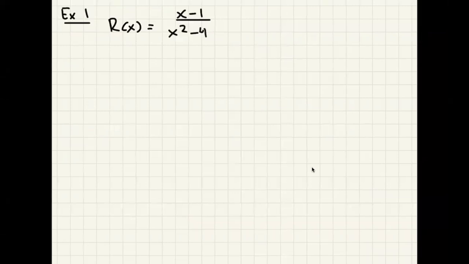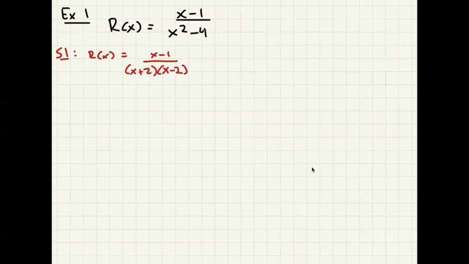All right, so the first problem says analyze the graph of the rational function. Step 1 is to rewrite this in lowest terms and then find the domain. So R of x is equal to x minus 1 over x squared minus 4, which is a difference of squares. So we can rewrite this as x plus 2 times x minus 2.